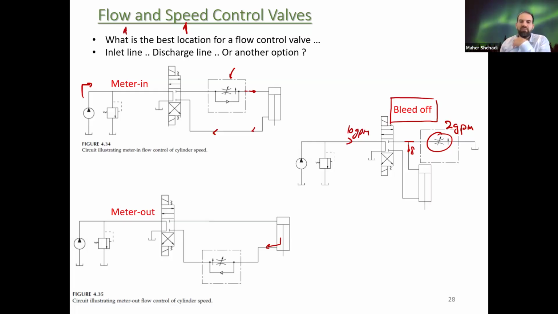So if we look into the first one here, that's the supply. It's coming and it pushes on the piston down. So now if we're trying to calculate the pushing load, how much I can push, what's F? It's P times the area of the piston. This is not going to change, the area.